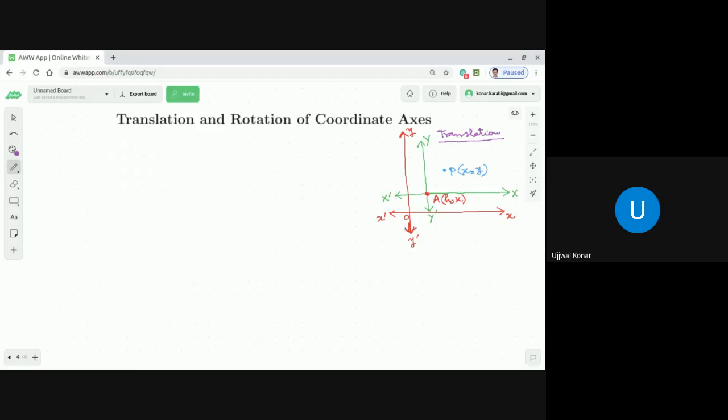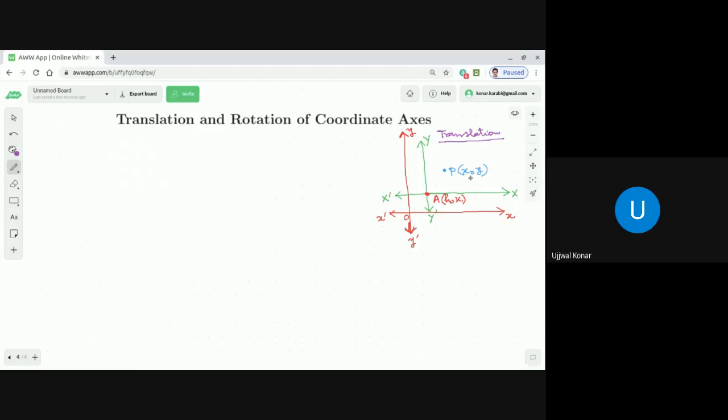That means you just make it a shifting from x o x dash, y o y dash to a position called capital X A capital X dash, capital Y A capital Y dash. And as you moved like this to a new origin with coordinate h comma k with respect to the previous coordinate system, then what will be the new coordinate of this point P with respect to the new coordinate system? That is the point of discussion.